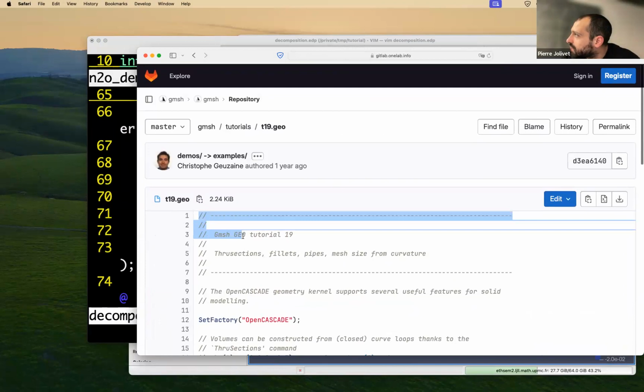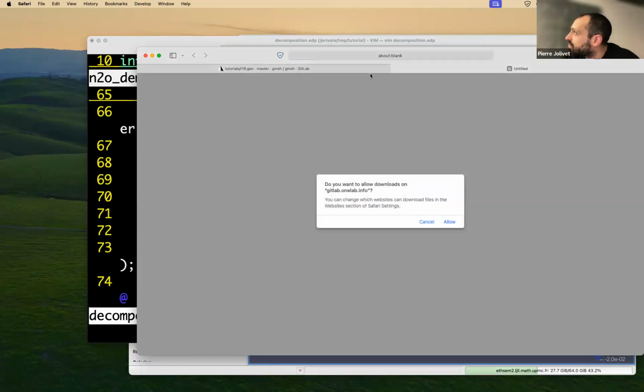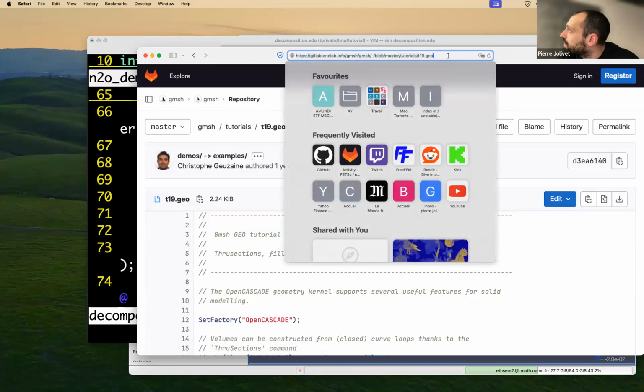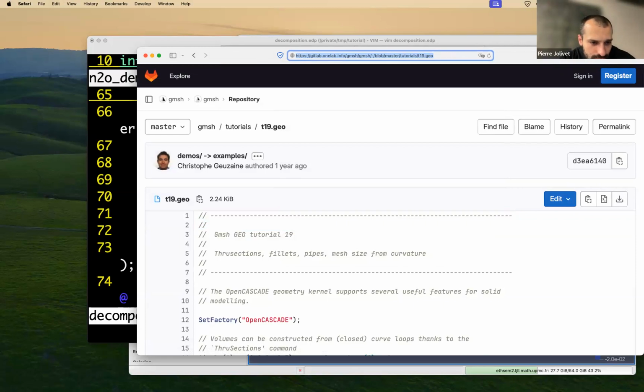But I will just download this file. So this is the GMSH Git repository. I will put the link on the Zoom chat for those who want to follow along. So I think I've downloaded the file, and so now I will just open up Gmesh.